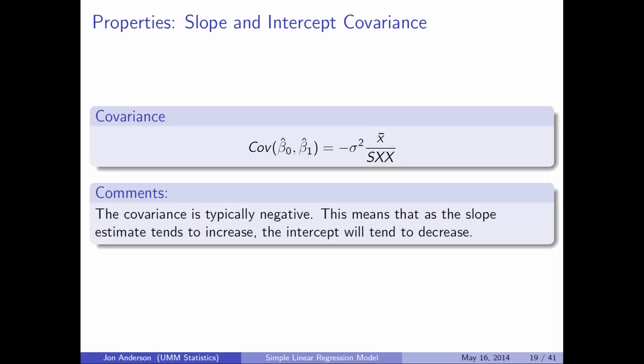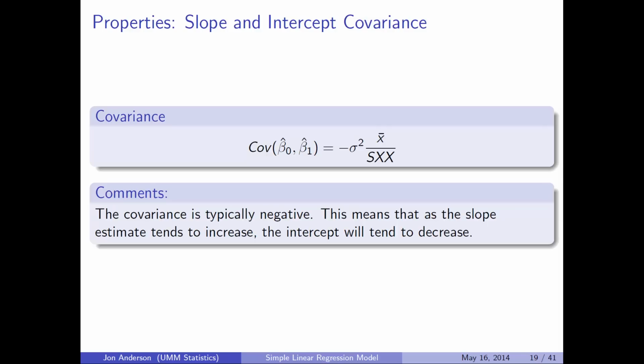The final property is about how the estimates of the slope and the intercept vary together, the covariance, which is related to correlation, not exactly correlation, but it does control the relationship between the two estimates.